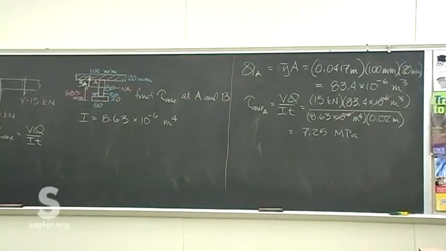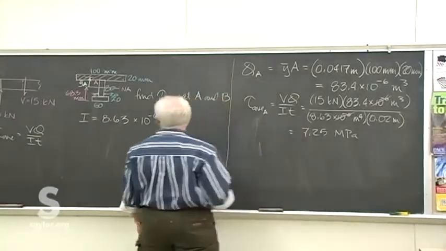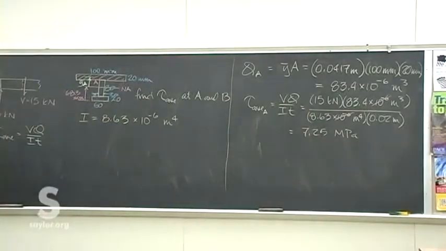You got the same orders of magnitude on everything up there? 83.4 and 8.63. Oh, 2 meters, yeah. Oh, I see what the difference is. Yeah, okay, I just wasn't looking. You're right, what I had in my notes was 1.5 kilonewtons. I just missed the decimal place on my notes. So your answer's right.